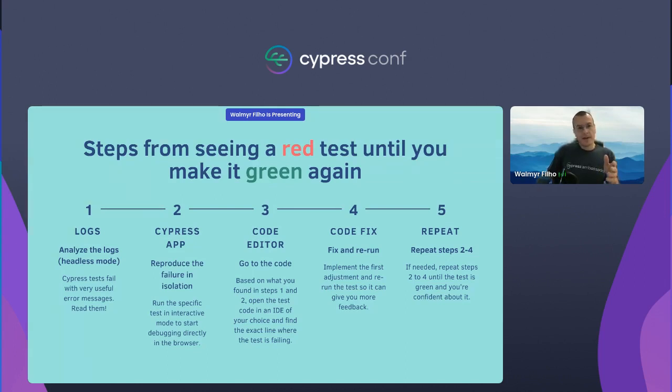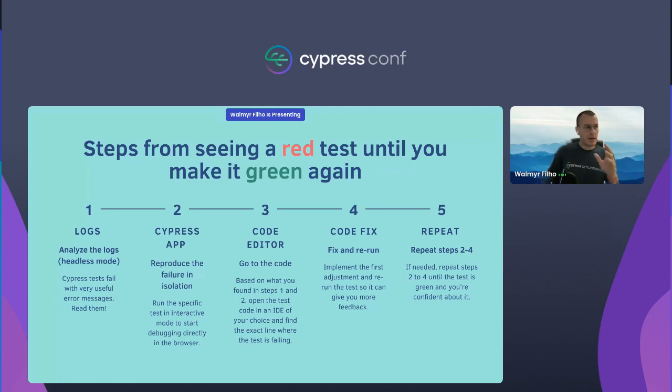One great thing is that Cypress tasks fail with very useful error messages. So I highly recommend that you read them. And if you read the messages, you already have some clues of what is going on and what you have to do next. The second step is to open the Cypress app to reproduce the failure in isolation.